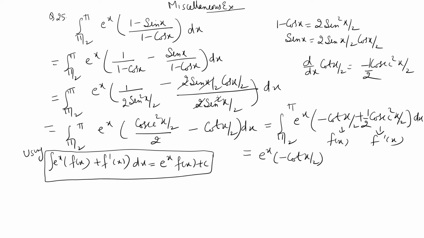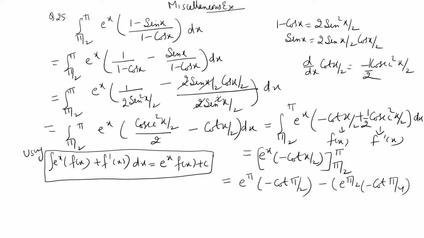Since this is a definite integral, there is no c, and I need to put the limits. So e raised to power pi times minus cot pi by 2, minus e raised to power pi by 2 times minus cot of pi by 4, because x is replaced by pi by 2, so pi by 2 upon 2 is pi by 4.